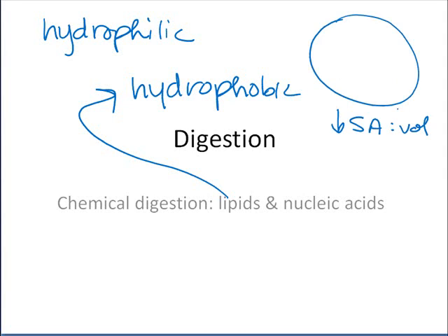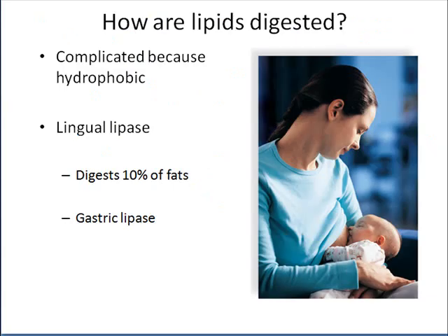So the first order of business with lipids is to get these big fat globules divided up into smaller fat globules that are tiny enough that chemical digestion can proceed at a reasonable rate, instead of spending 3 weeks trying to digest fats from a hamburger. So let's look at how this process happens first.